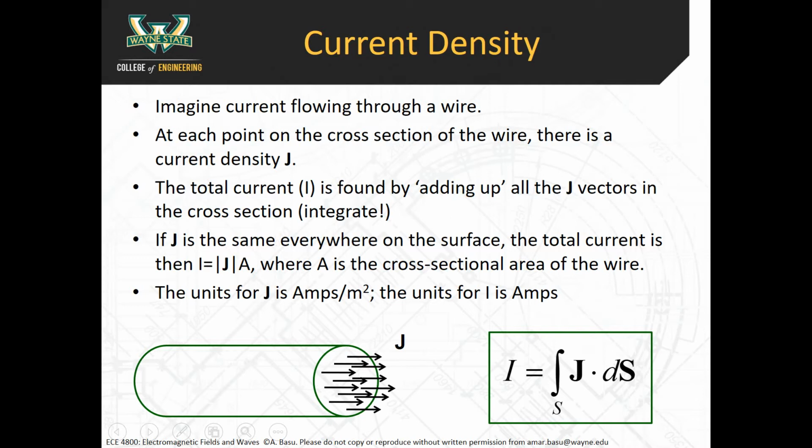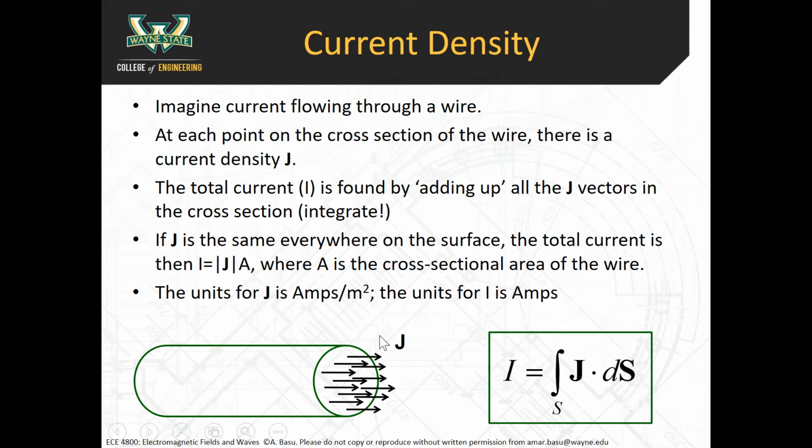Just to remind everyone, whenever we take an integral, the units change. The units for current density are coulombs per meter squared. Or I'm sorry, amps per meter squared. The units for J are amps per meter squared.